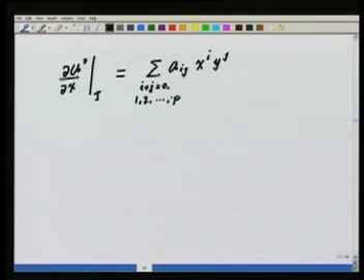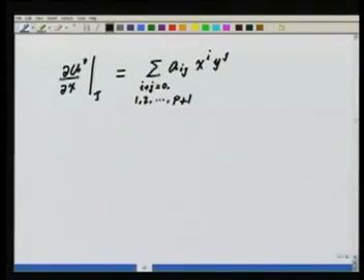Okay. So this essentially represents a polynomial of pth order. A general polynomial, sorry, we will have p + 1 terms where p is the order of approximation.